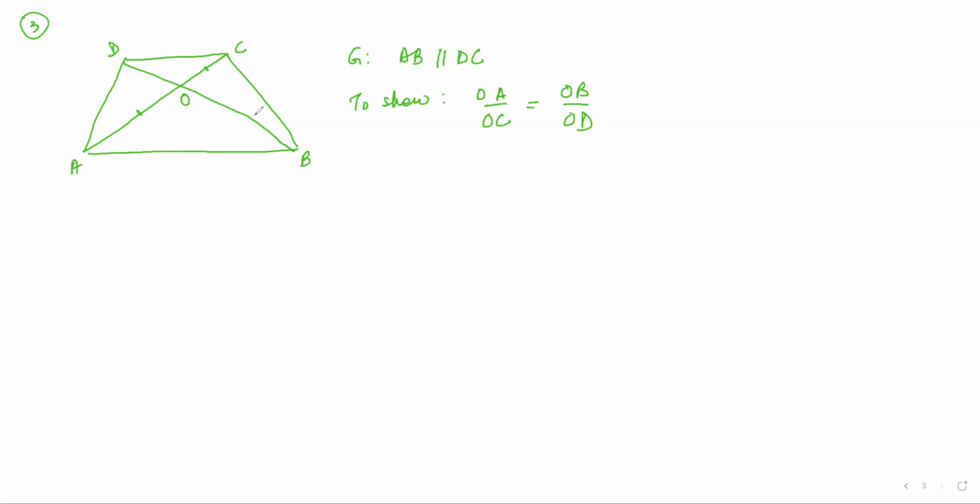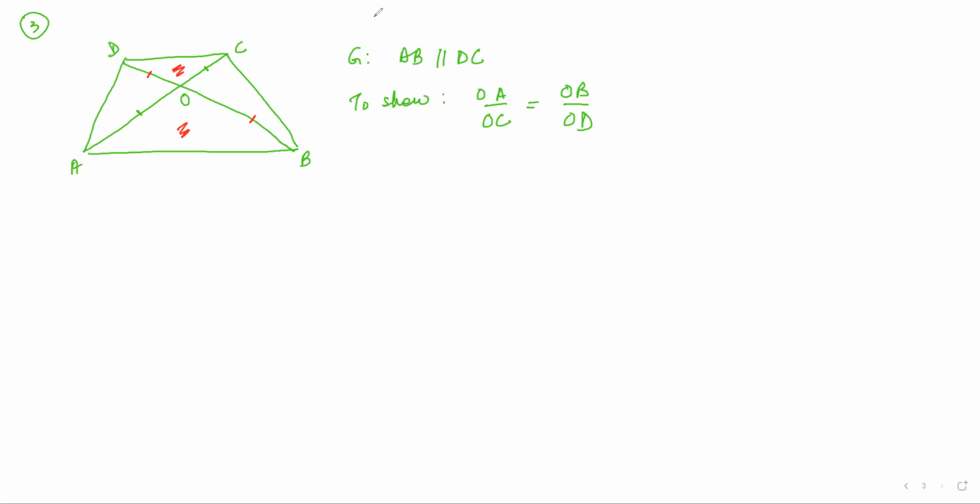And OB is this and OD is this. Also written in the question that by similarity criterion, you have to show this. So if we somehow show that these two triangles are similar, then corresponding sides will be in proportion. Understood? So let us try to look into these two triangles.